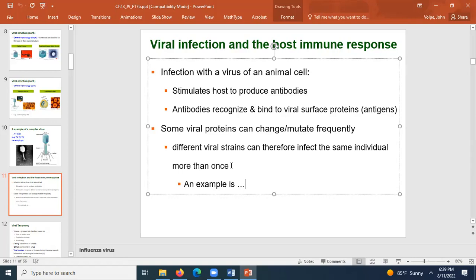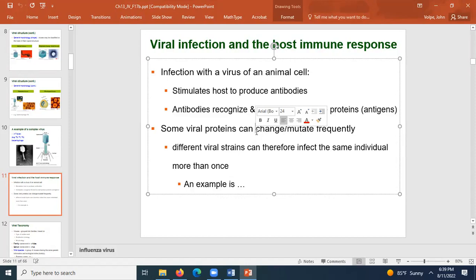Another example of a virus that changes very frequently, even more than COVID, is influenza virus. And because the virus changes so often, once you get the flu shot to immunize yourself against the flu, that flu shot will not be any good after 3 years.